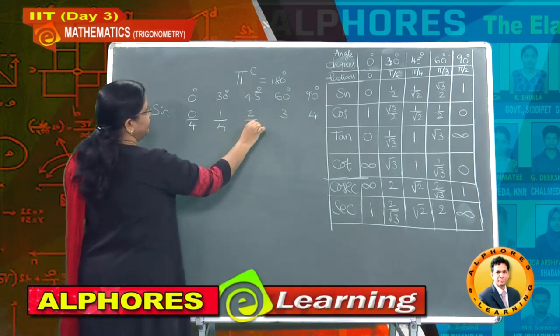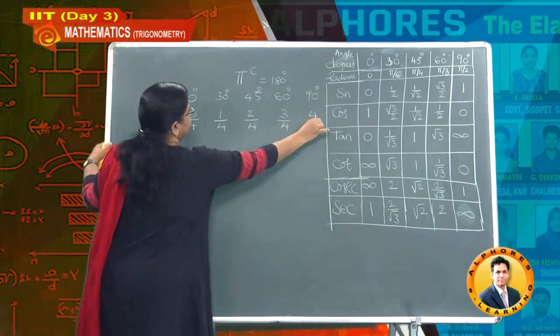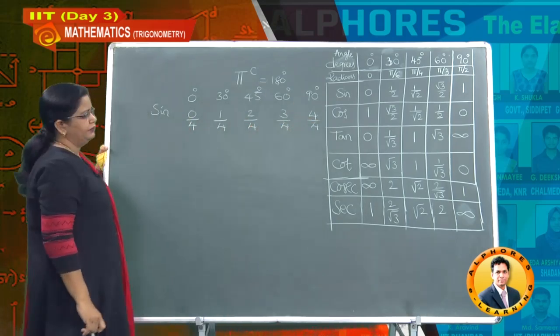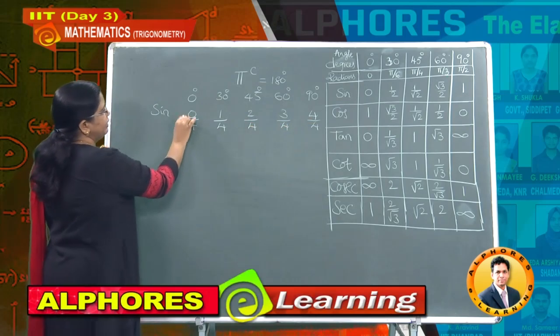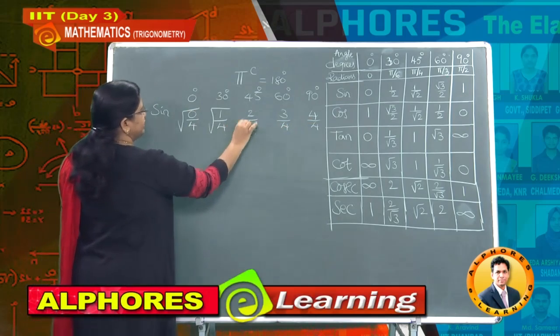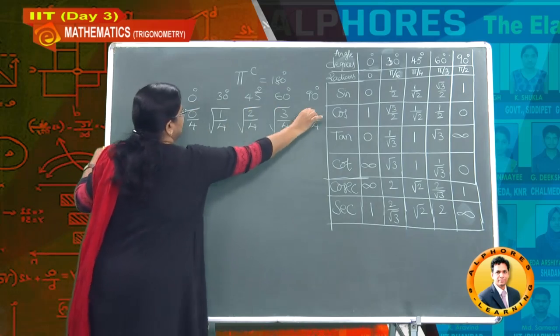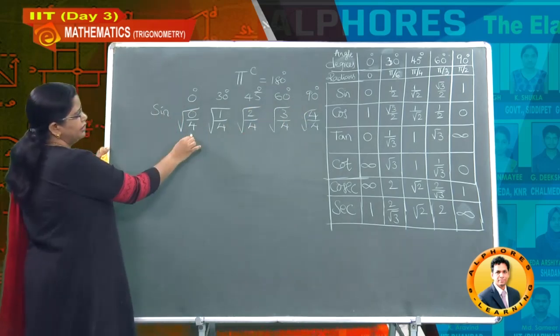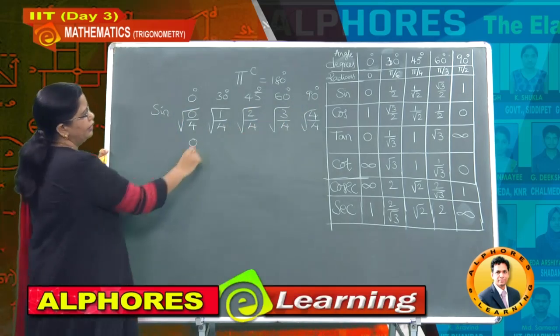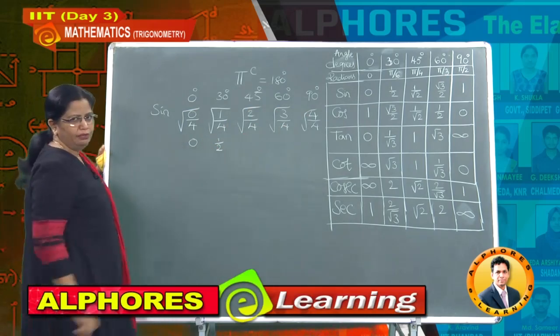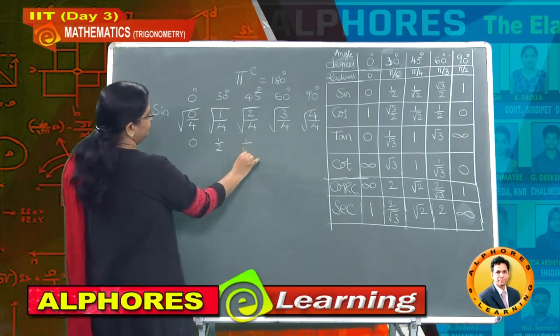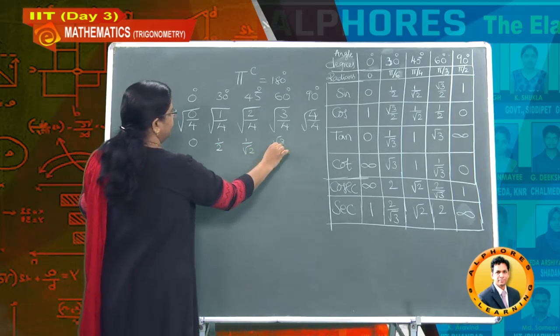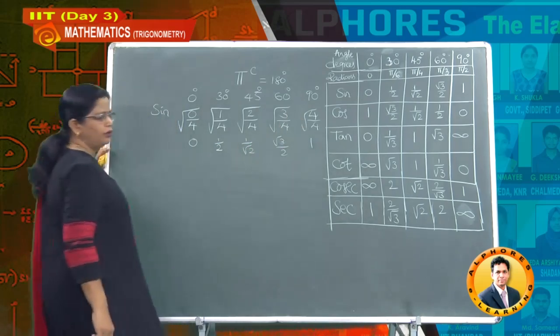So everywhere I am writing here by 4 and by 4. After that you just take the square root. So these are the steps, thereby directly you get this kind of values. What is this value? 0. And what is this value? 1 by 2. And this value 1 by root 2, root 3 by 2, and this is nothing but 1.